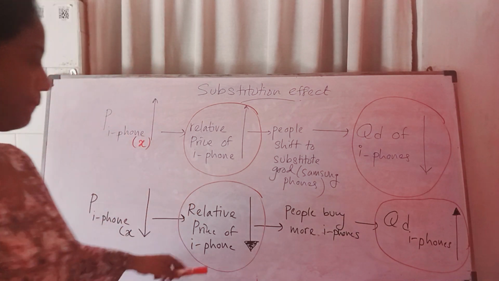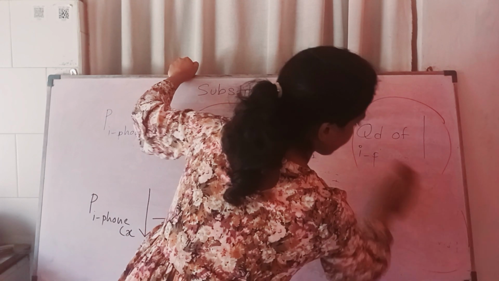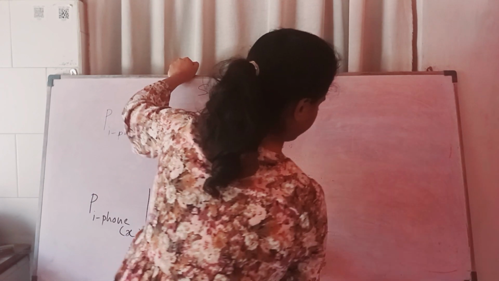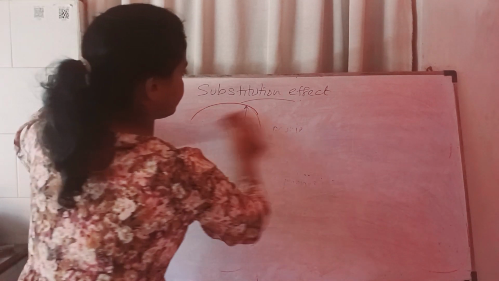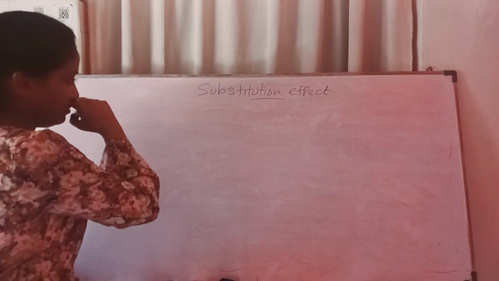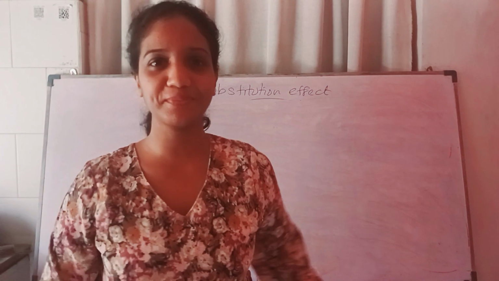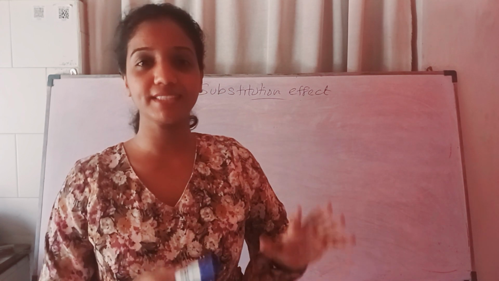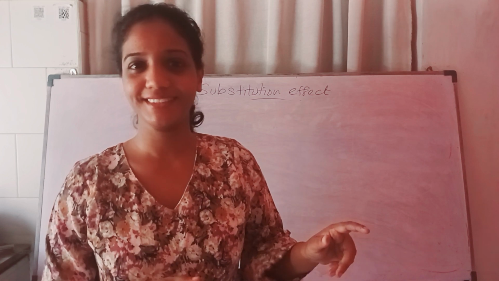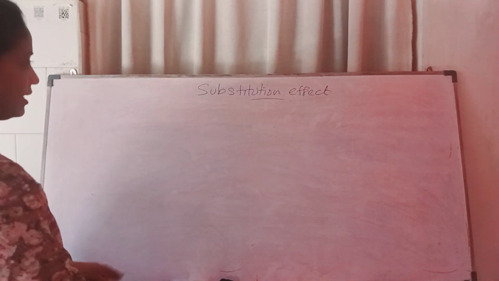Right? Okay. So how can we define the substitution effect, children? Under the ceteris paribus, can you remember ceteris paribus? Ceteris paribus means when all other factors affecting demand are held constant. That is the meaning of ceteris paribus, right? So we can explain like this.